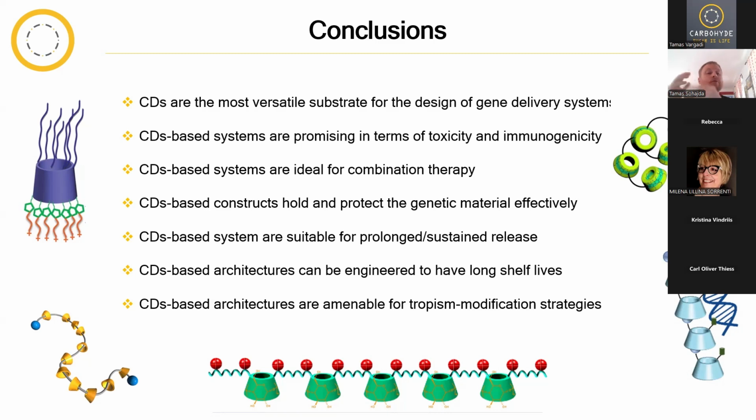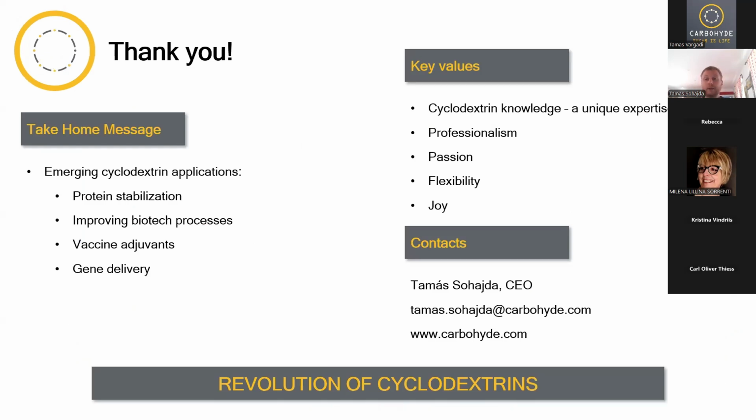So this kind of drug delivery system potential is not limited to gene delivery. Of course, it's a huge field, but it can also be used with small molecules or potentially other biologics as well. And I'm stopping talking very soon.